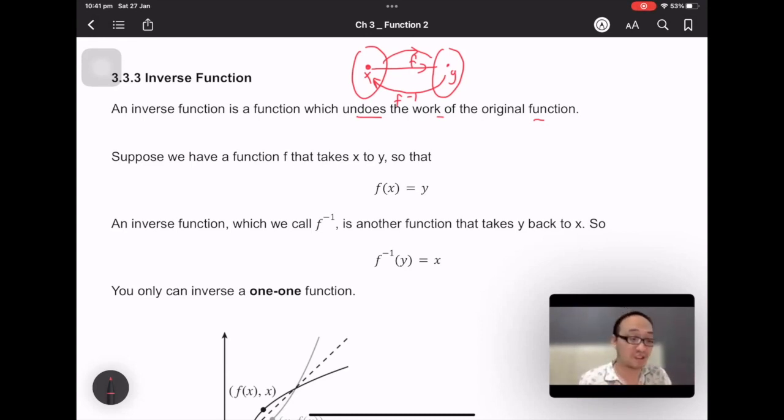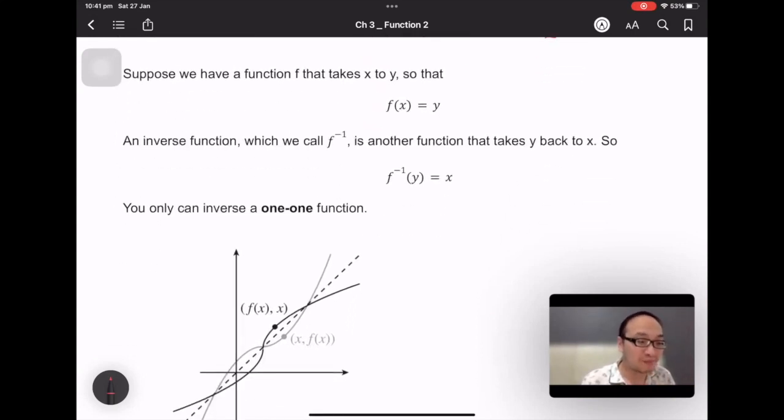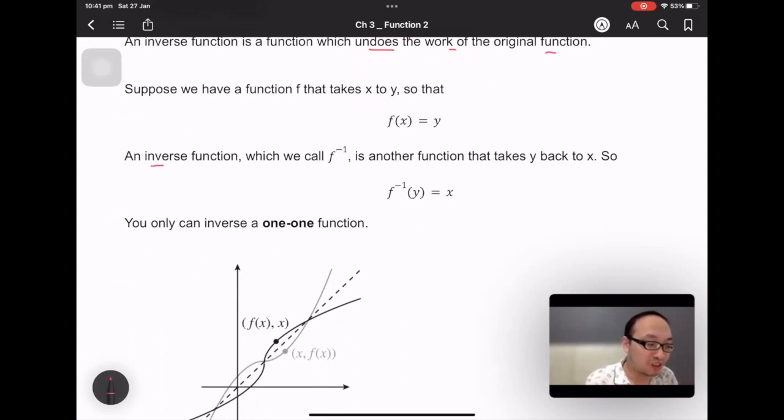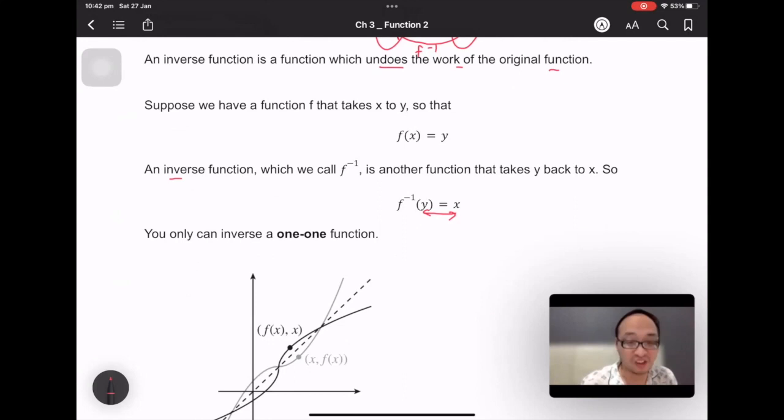So that's inverse function. That's why, to do the inverse function, we have to switch the x and y, because inverse is asking for x, not y.